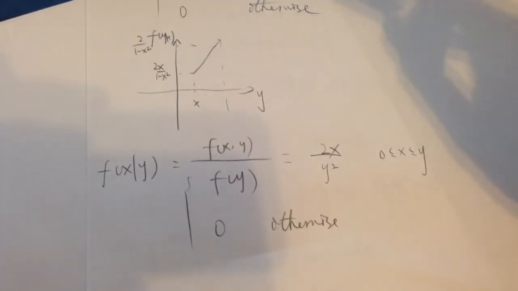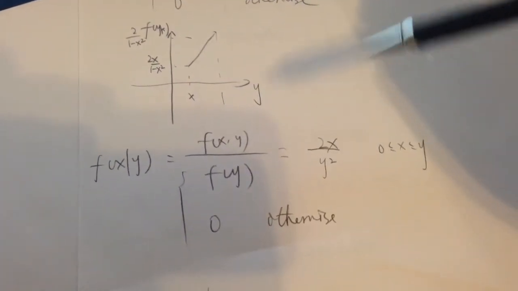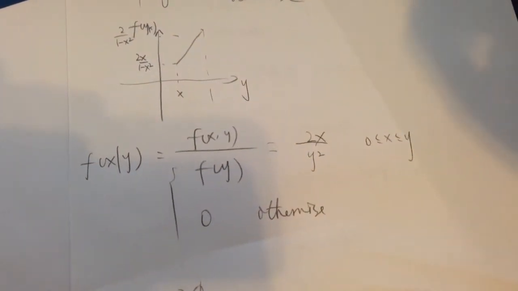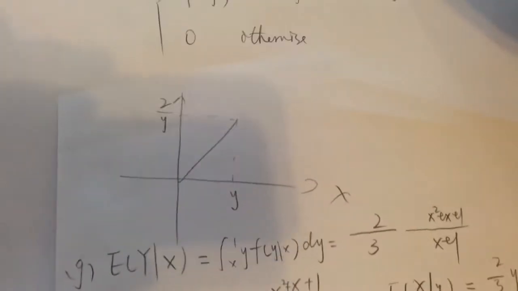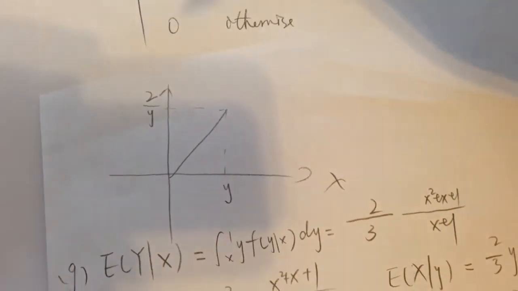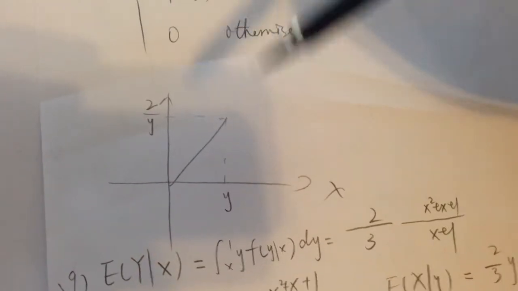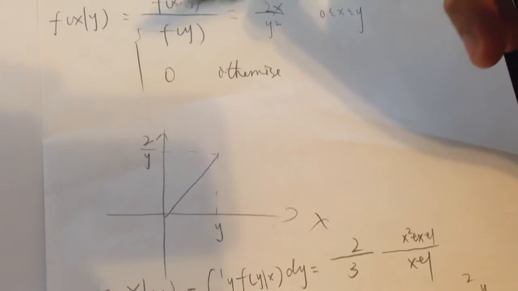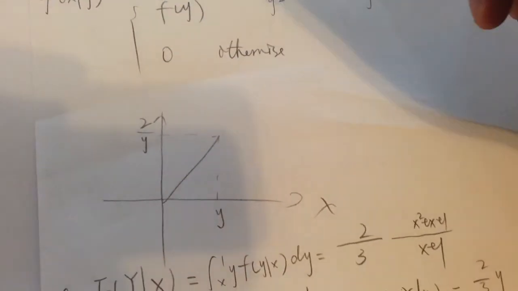And similarly, f_{X|Y} is 2x over y squared, and here we can draw the graph like this. The slope is 2 over y squared, and when x is y, f_{X|Y} is 2 over y.